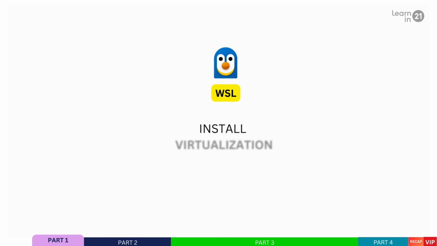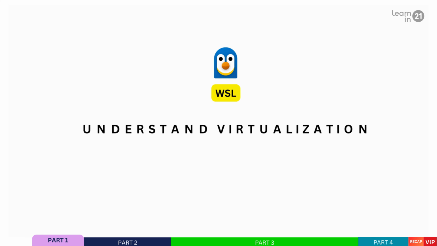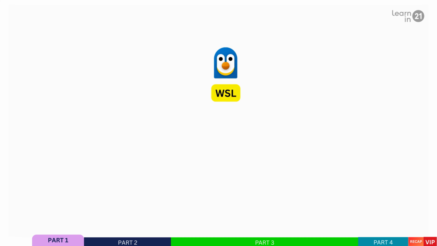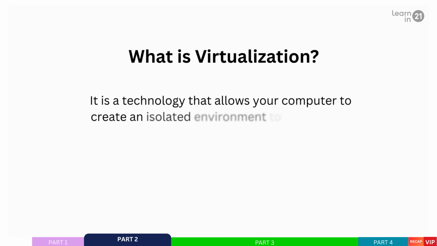The only thing you need to check before installing WSL is whether virtualization is enabled in your laptop. So, why not understand virtualization first? It will be easy for you to troubleshoot your WSL in case you face any blocker. Virtualization is a technology that allows your computer to create an isolated environment to run another operating system within it.